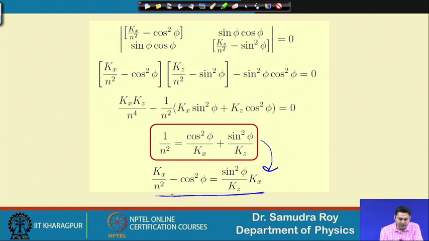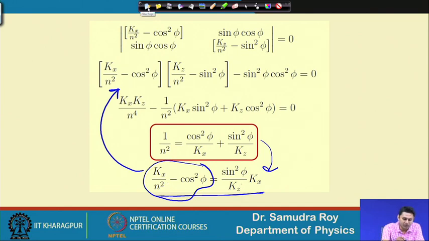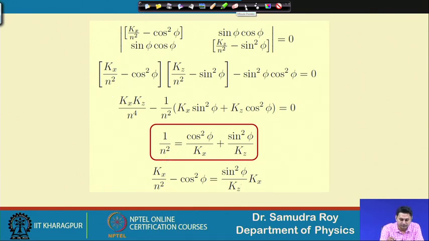If you look carefully, this is the same as what is here. So I just replace these things here with this term and then find out what is going on.